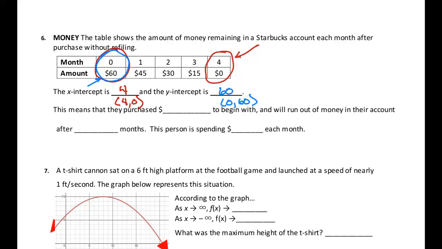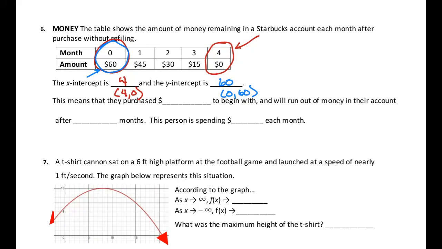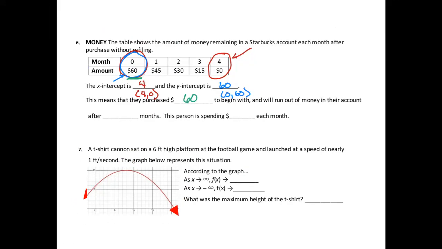So this means they purchased how many dollars to begin with? How many dollars did they have in the account to begin with? 60. Okay, that's the amount. And they were going to run out of money in their account after how many months? After 4 months, yeah. Because we're going along, and right here, there's no money, and that is 4 months. And how much are they spending each month? $15.